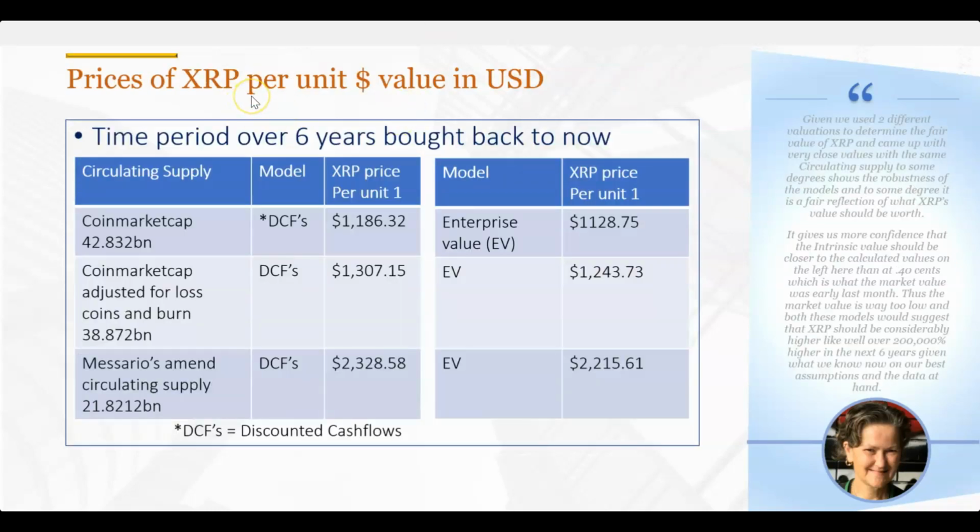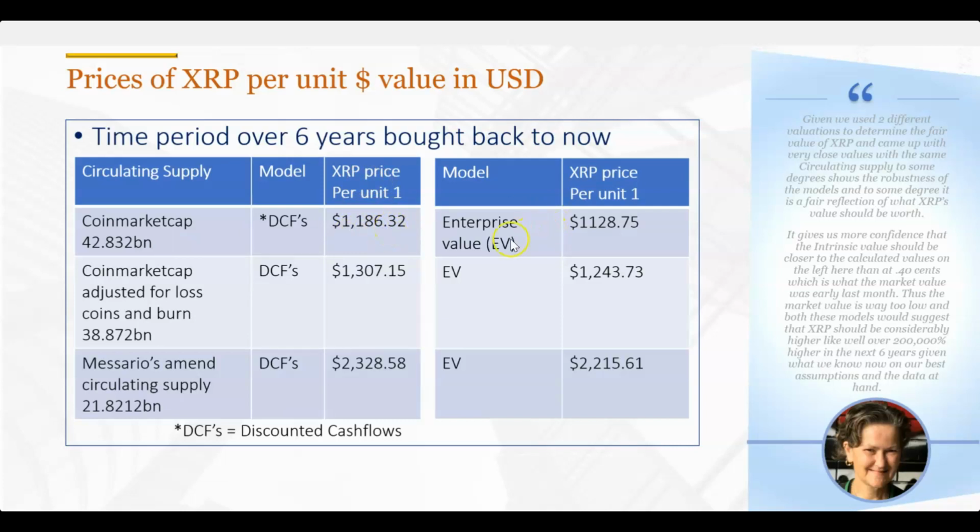The price of XRP over a 6-year period, brought back to now, in the discounted cash flow model, DCF, for CoinMarketCap using 42.832 billion circulating supply for XRP, we came up with a price for one unit of XRP of $1,186.32.